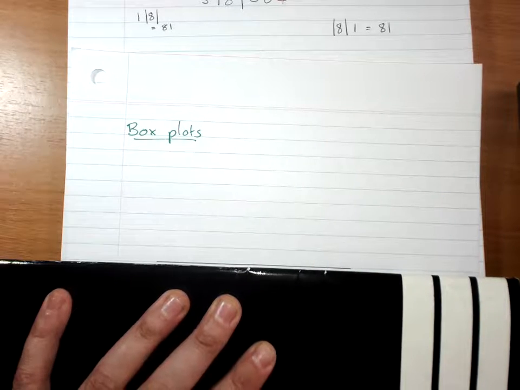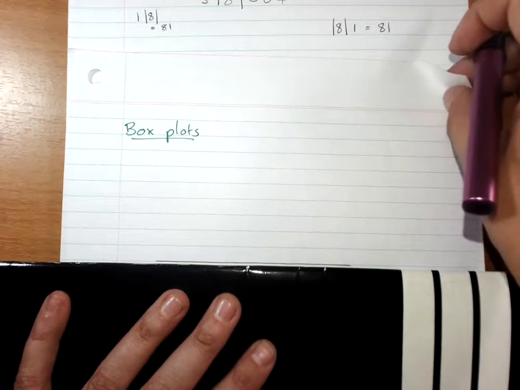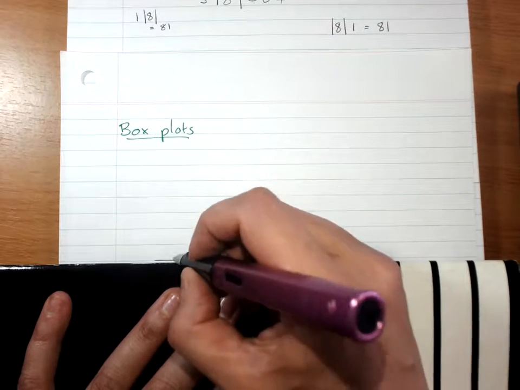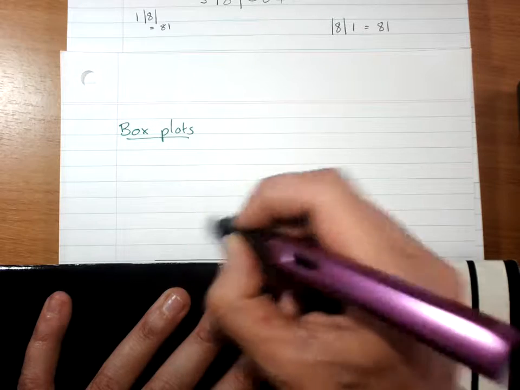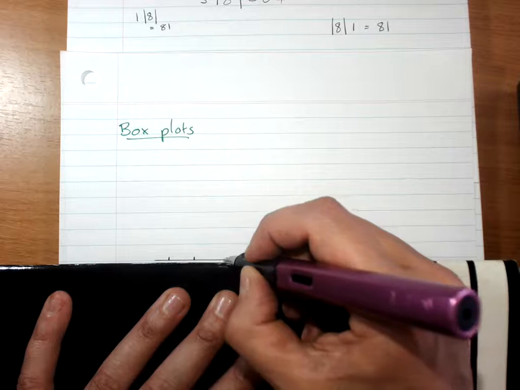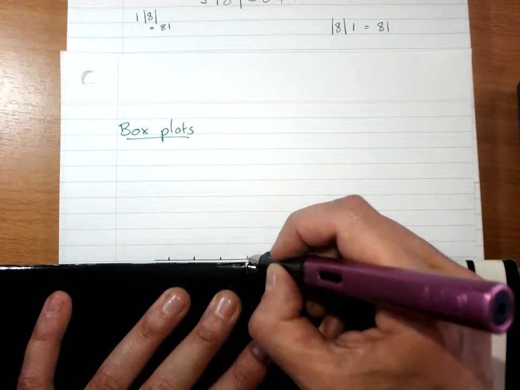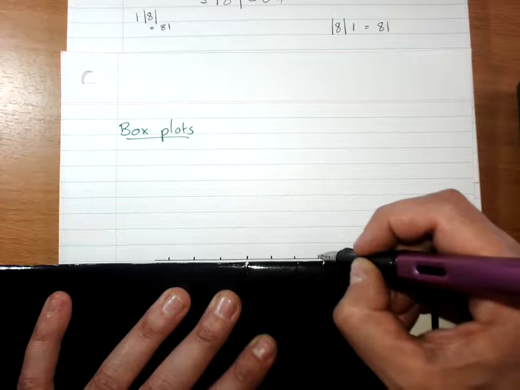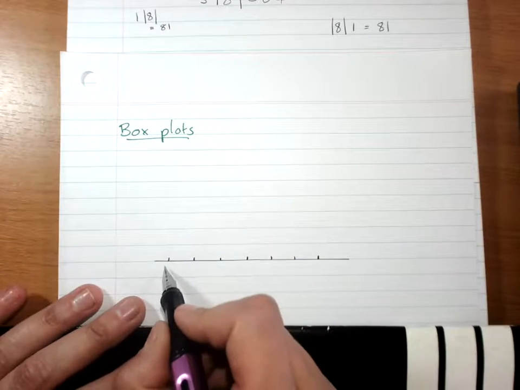Sorry, set up your number line. I've got to go from the 30s up to the 80s, and you could possibly go one down.